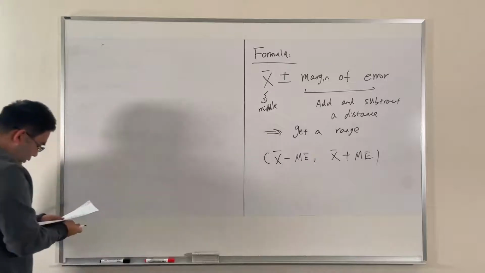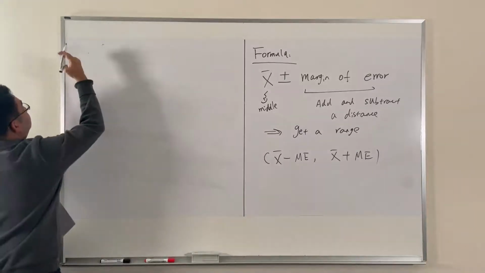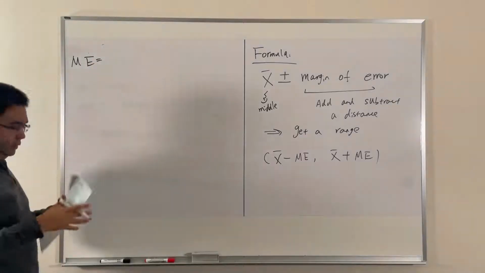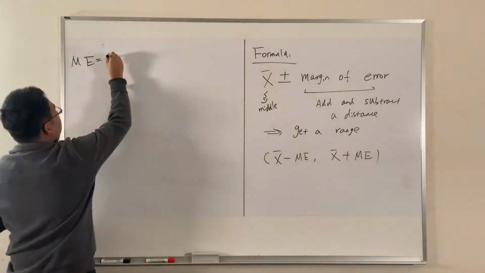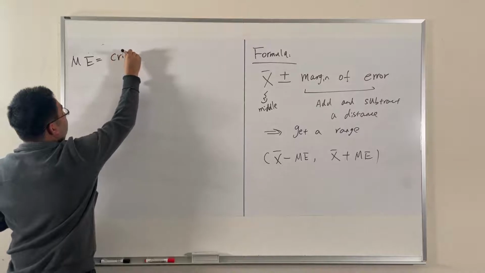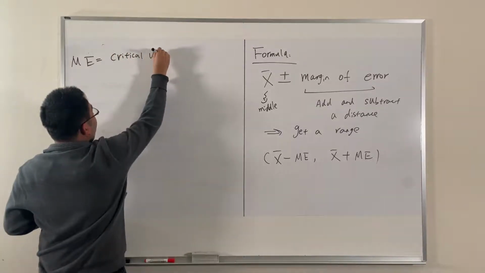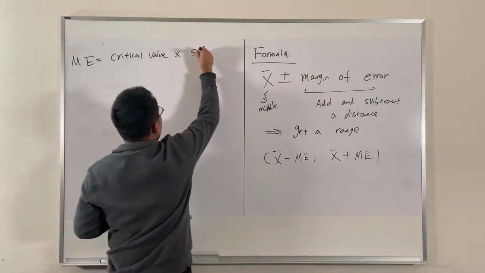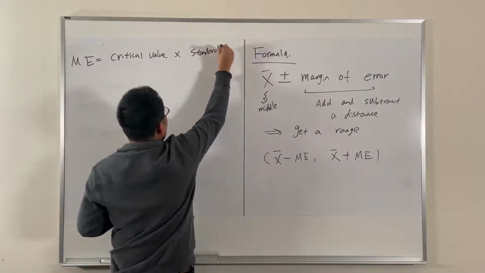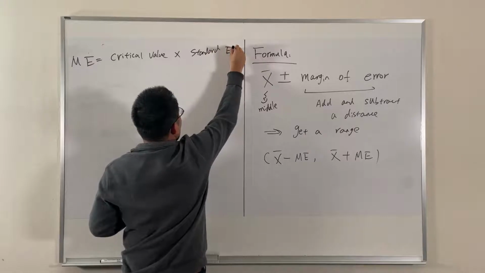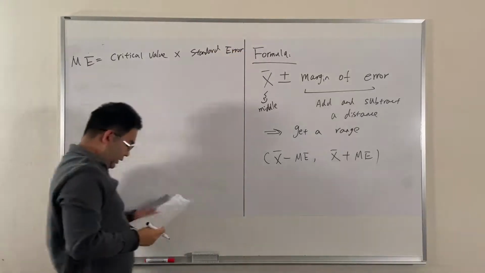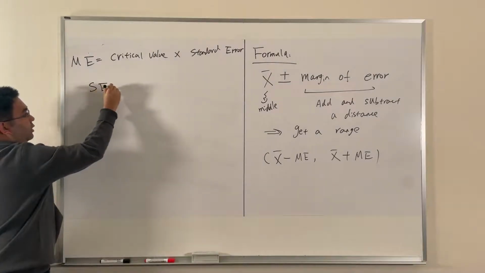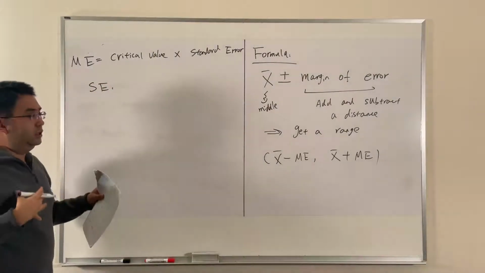The formula for the margin of error equals the critical value multiplied by the standard error. And if you remember, standard error is just the standard deviation of your sample mean.